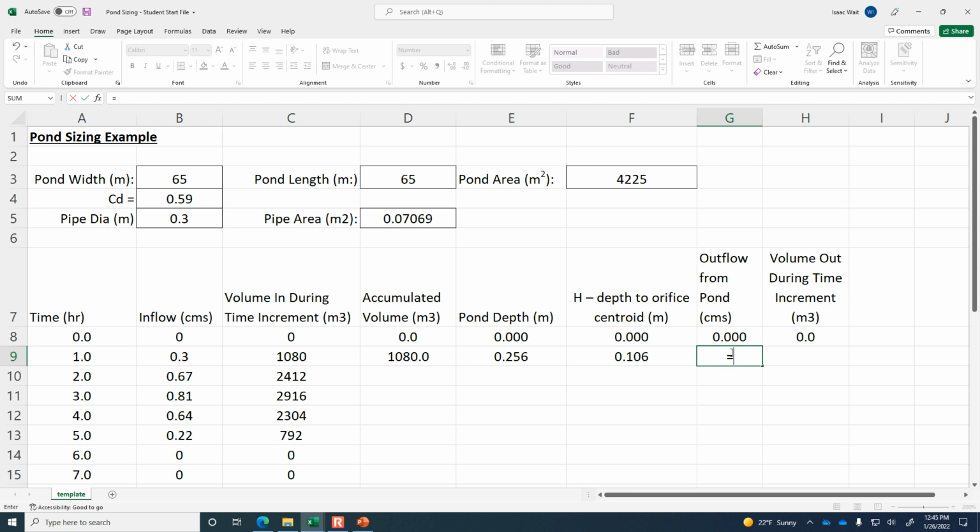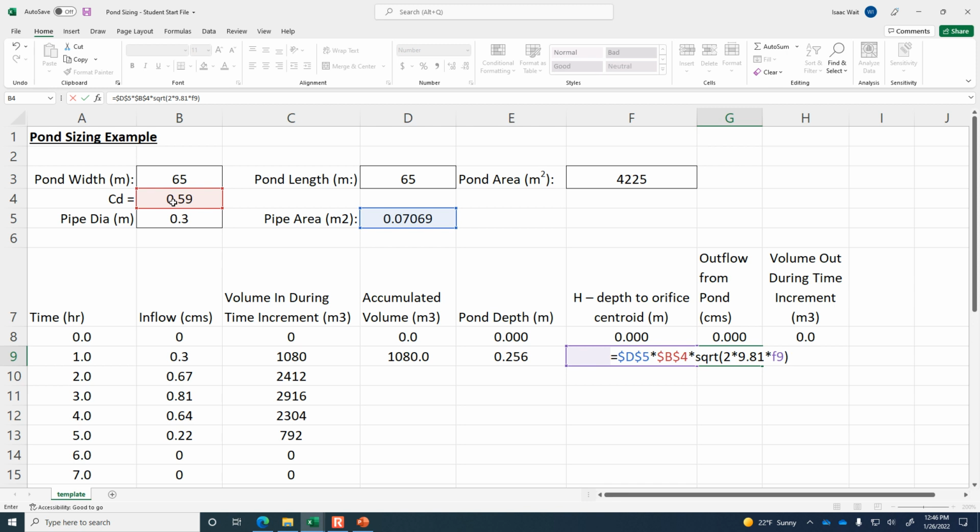Okay, so Q is the area of the pipe, anchor that reference, times the discharge coefficient, anchor that reference, times the square root of 2 times 9.81 times H, which is cell F9. And I have to type that in. I can't click on it because my formula is spread out on top of where I would want to click. So I'm just typing in the location of that H. So area, coefficient of discharge, and then square root of 2gh gives us the velocity.